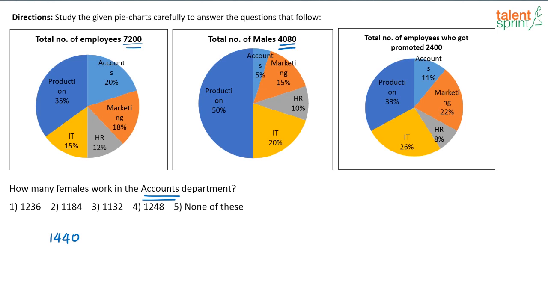So what is 5%? Half of that, 408 divided by 2, which is 204. So how many women are there in the accounts department? 1440 minus 204. That's your answer. 1236. Option 1. All these calculations, just by looking at the numbers, can be done in the mind. You don't have to write down anything with pen and paper. This is the only calculation that needs to be done. Correct? Next one.